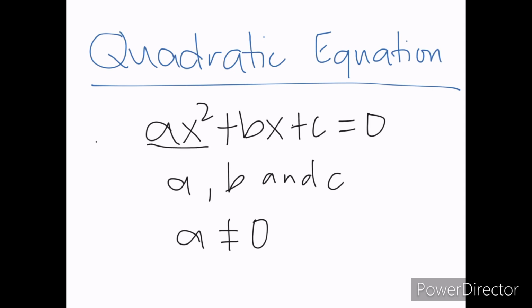The term ax squared makes a given equation a quadratic equation. So ax squared is our quadratic term, bx is our linear term, and c is our constant term.